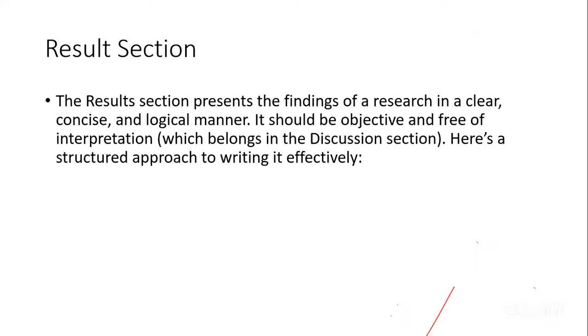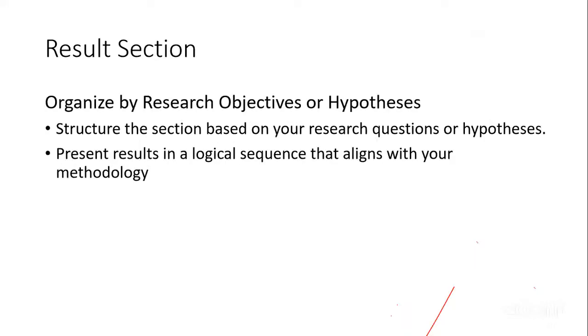So the table that you are going to be reporting and the graph that you are going to be reporting, which is a figure. Okay, so we can organize the results by research objectives or hypotheses. So once you have objective 1, objective 2, objective 3, that's how to organize it.